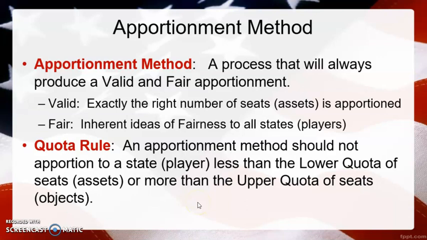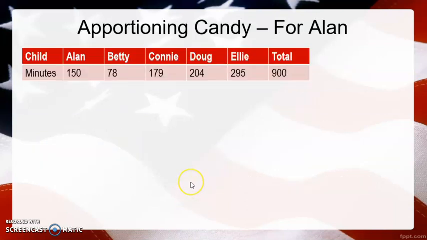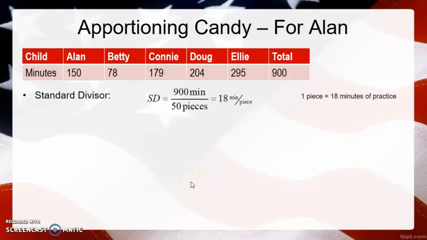So now that we know some definitions, let's go back and look at our candy example again and talk about apportioning candy for Alan. So the standard divisor, we take the total number of minutes, the total population for all of the states, and divide by the total number of items to be apportioned, or the total number of seats. So in this case, we find out that it is 18 minutes per piece.